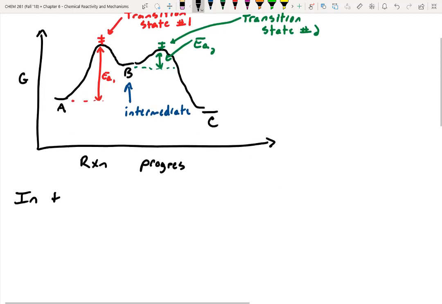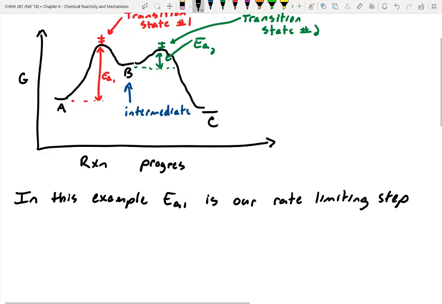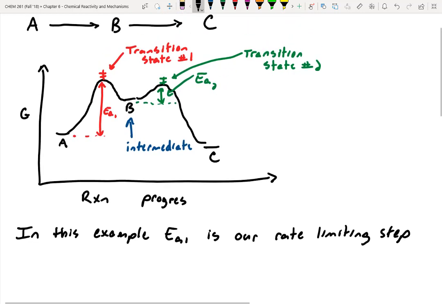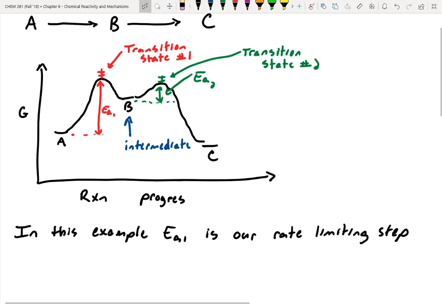So in this example, EA1 is our rate limiting step, which means ultimately that's the step that we're looking for when we're looking at the overall reaction rate, right? Going from B to C is so minor, it just doesn't really impact the overall reaction rate anymore.